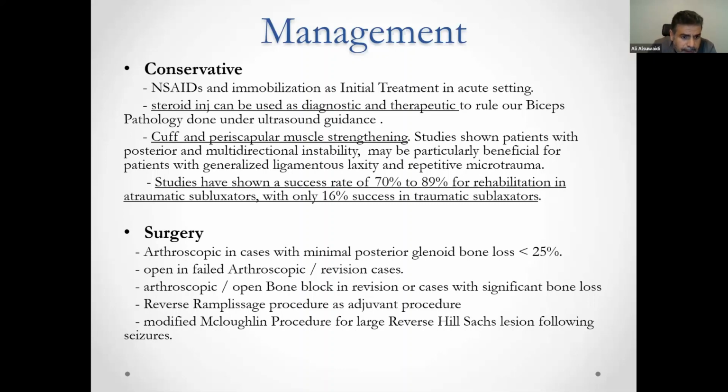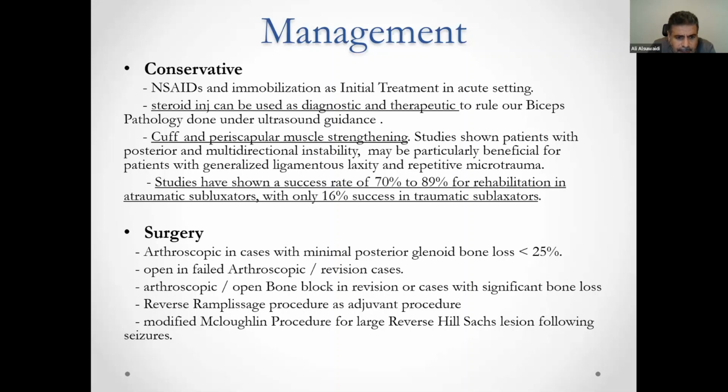I have been doing arthroscopic posterior labral repair for a long time, and I have not done an open posterior capsular shift. I tried to do all the posterior capsular plication through arthroscopic means.